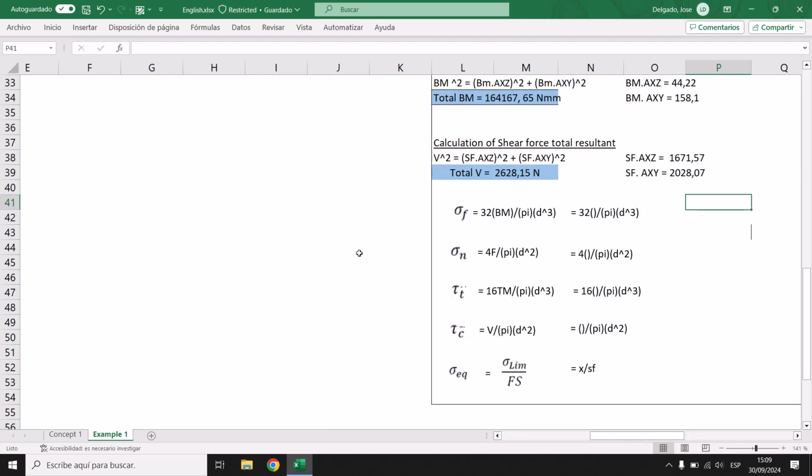of strength of materials. This is our bending stress, normal stress, our torque stress, and shear stress. So that's the equation. Maybe if you don't remember it, it's 32 times our bending moment divided by pi multiplied with the cube of the diameter.